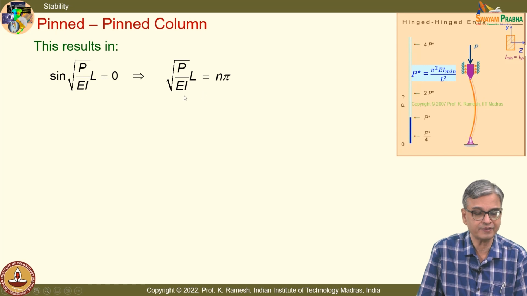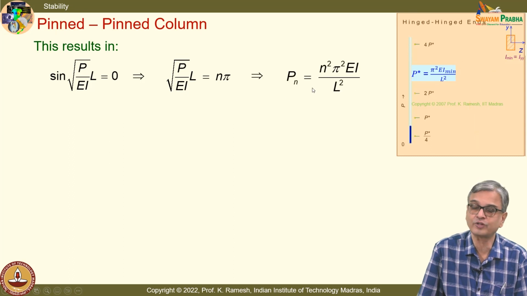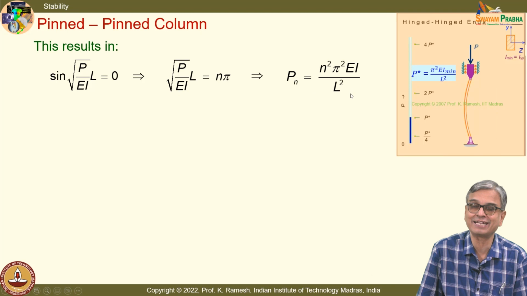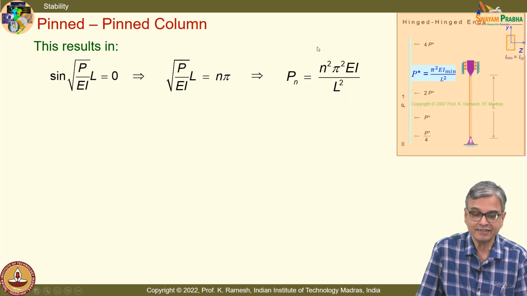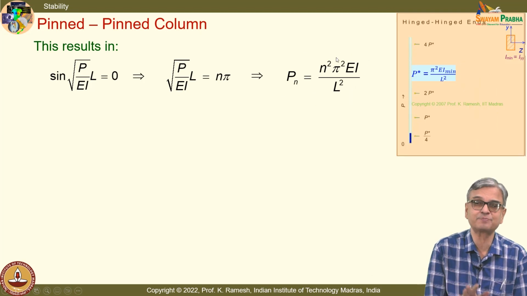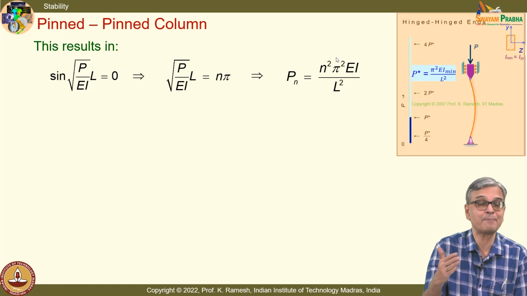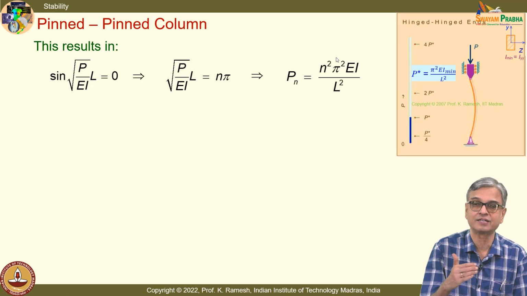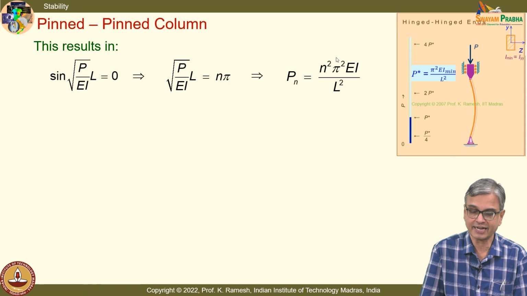So, I have square root of P by EI multiplied by L equal to n pi. So, this goes to Pn equal to n squared pi squared EI by L squared, and this is a basic expression which is used for comparing what happens in fixed-free, that is like a cantilever beam.